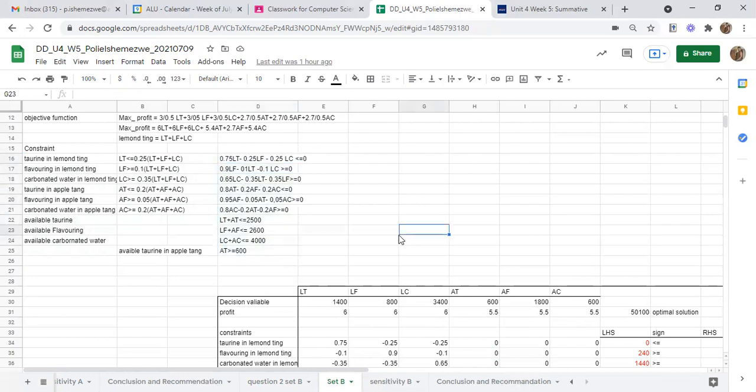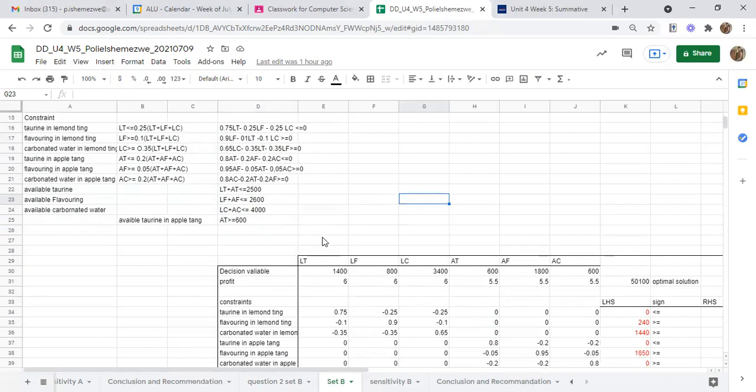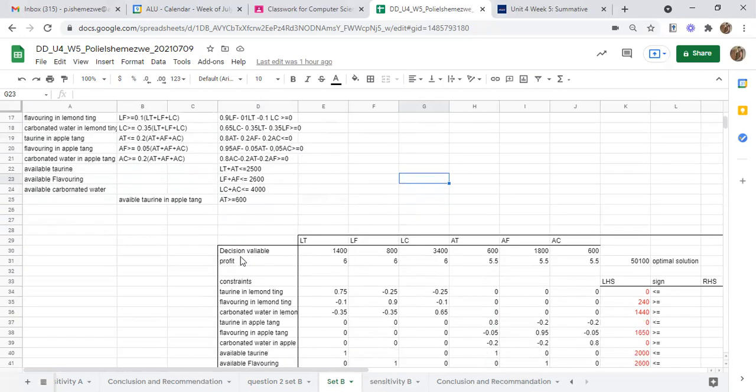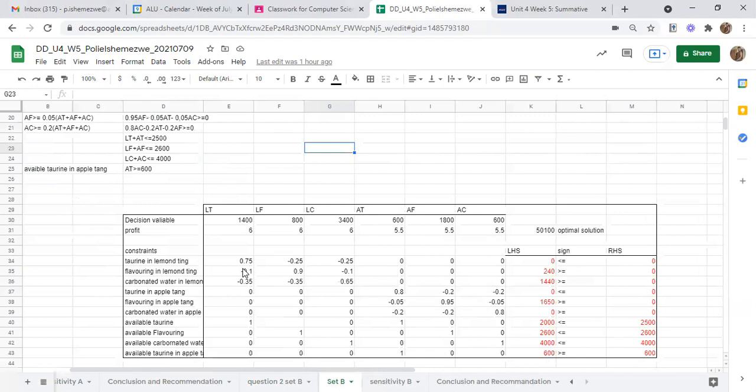Also, in making these drinks, there is an available limit of the ingredients: taurine, flavoring, and carbonated water. We must not pass these constraints. During production, at least a quarter of the available taurine must be used to produce the apple thing.